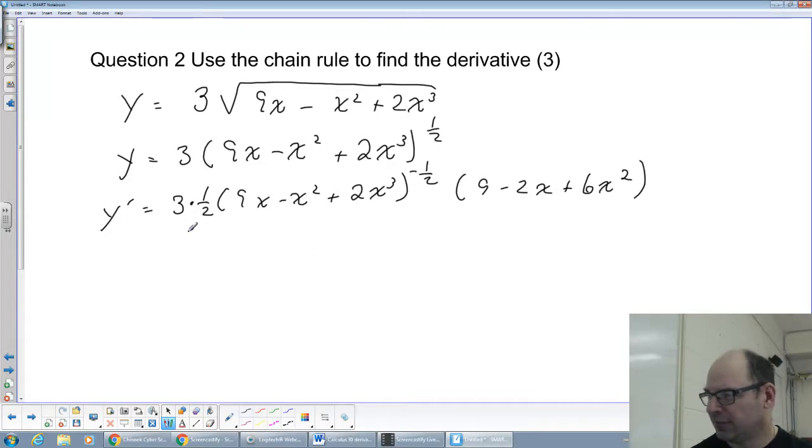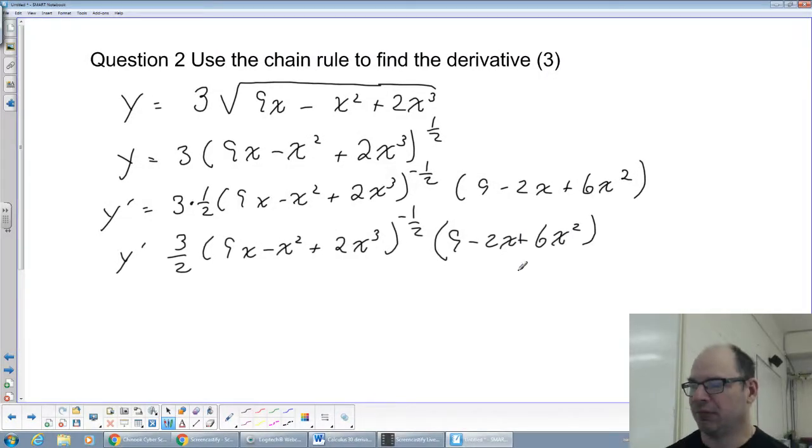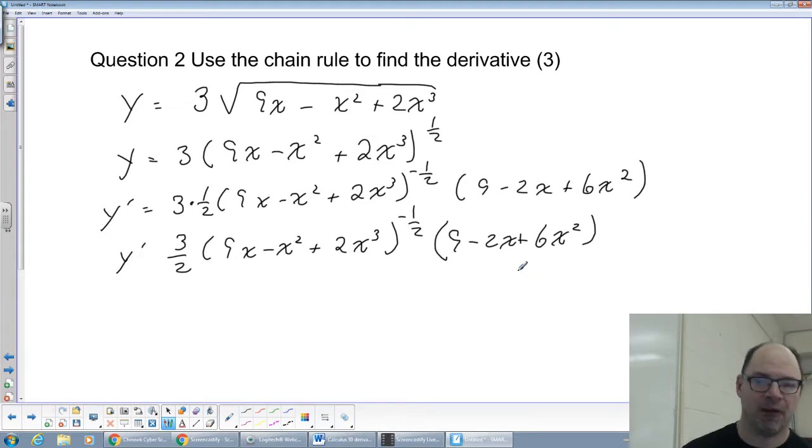We could do a little simplification there. So there's a simple chain rule example. Of course, leave your answer in factored form as well.